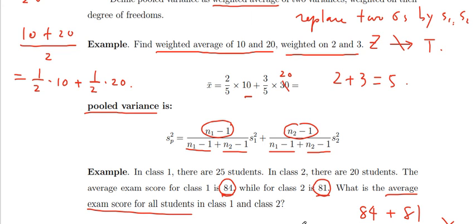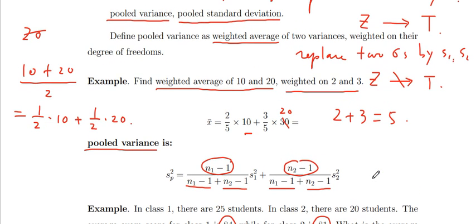Here we also introduce an important notation, the weighted average. You should understand this. For an ordinary average, we add them up and divide by n, right? That is the weighted average when all weights are the same.